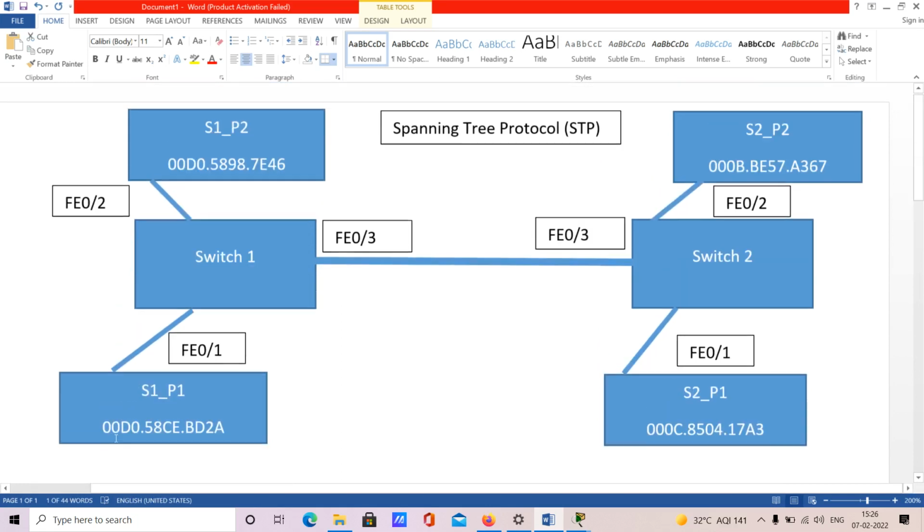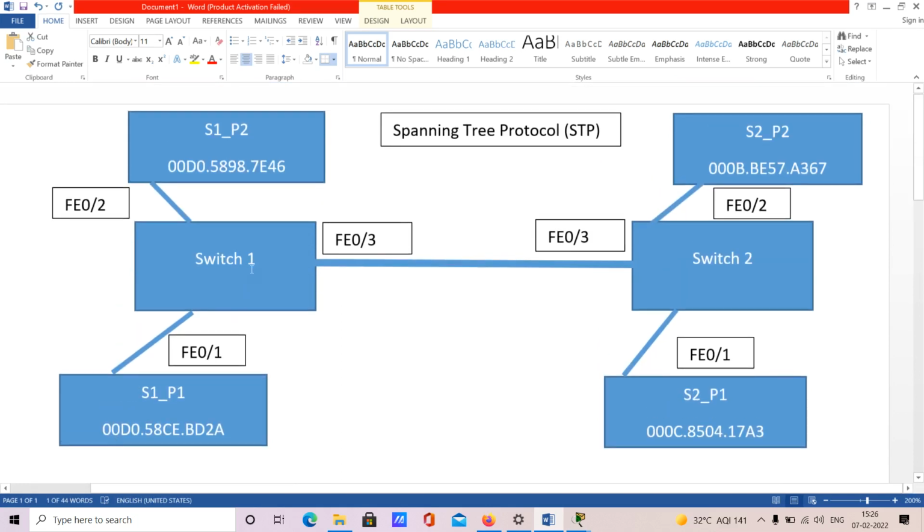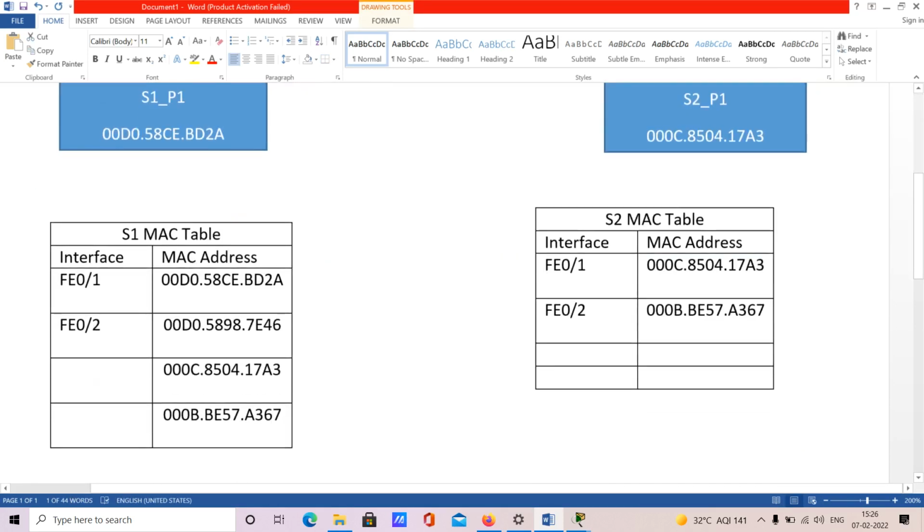Should it be using the exit point of S1? S1 का exit point कौन सा है, कहाँ से पैकेट भेजना है? It is FastEthernet 0/3. We have to understand this concept.